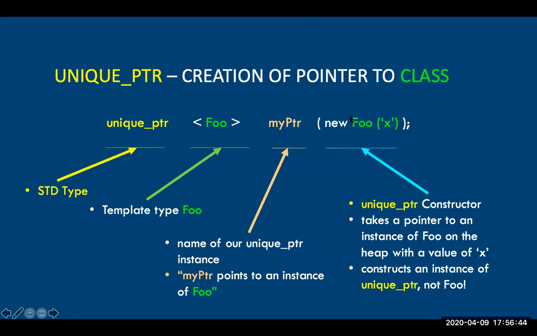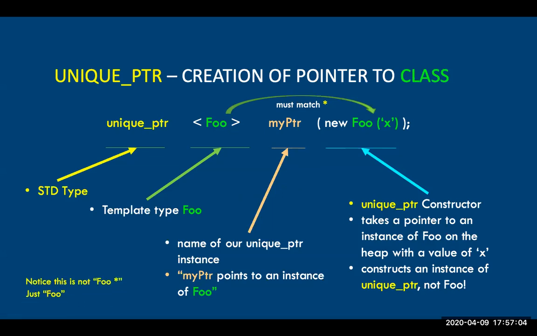So this is not just Foo(x), it's new Foo(x), which passes in a pointer to a newly constructed instance of Foo. And these are the constructor arguments for Foo, right? So it's very similar to what we were doing. It's just that we now have this template access that we can use.